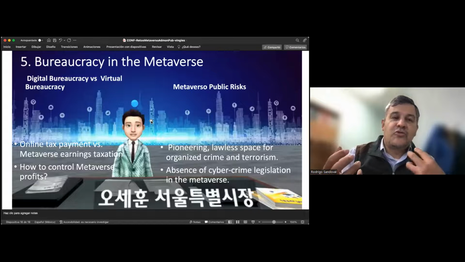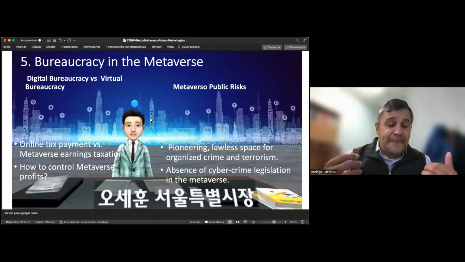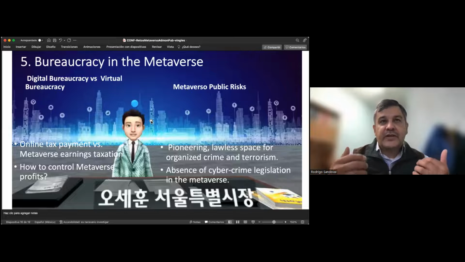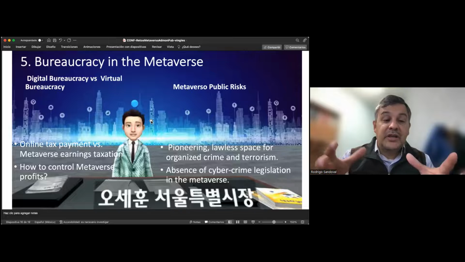Okay, the digital bureaucracy are the people that are behind a screen, a computer, trying to produce some systems to allow online tax payments, to allow some user services online. And we have on the other side, the virtual democracy, that everything is going to happen in the metaverse.